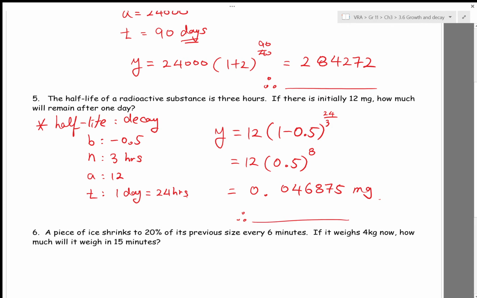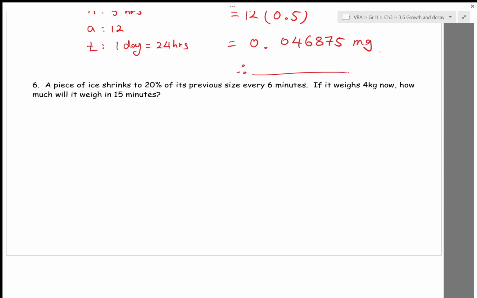Okay. Now, number 6, a piece of ice shrinks to 20%. Now, this is an important question, so I want you to put a little star mark on the side. So far, the question was telling you that something is increasing by or decreasing by, but this one actually says shrinks or decreased to. For example, if you had 100, now this one decreased to 20.